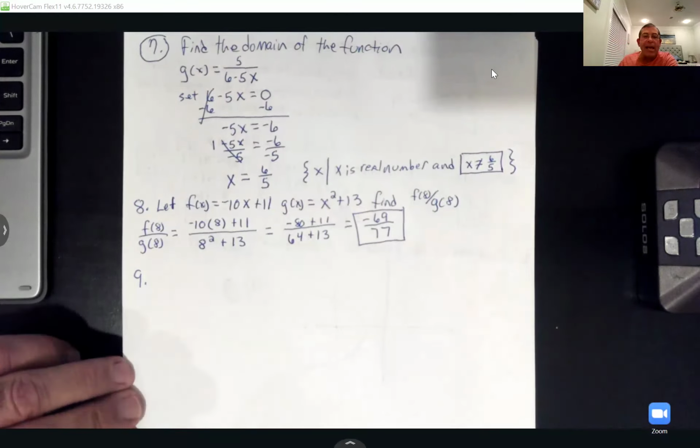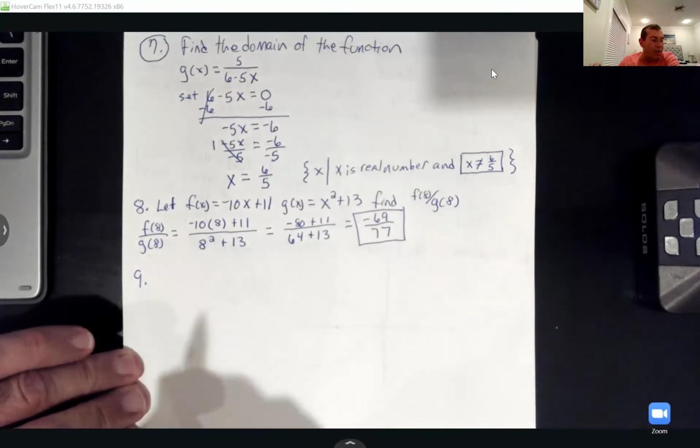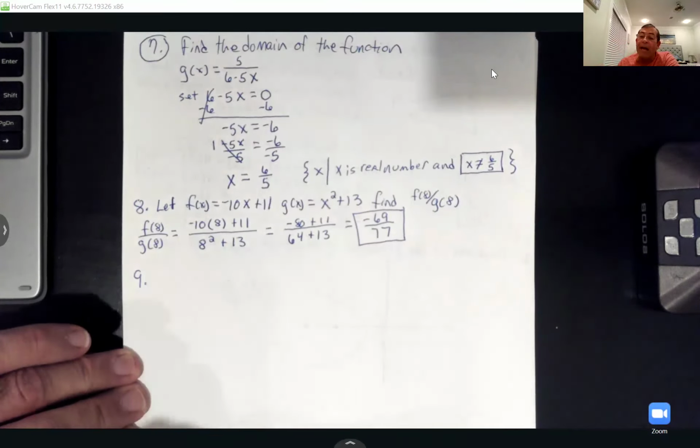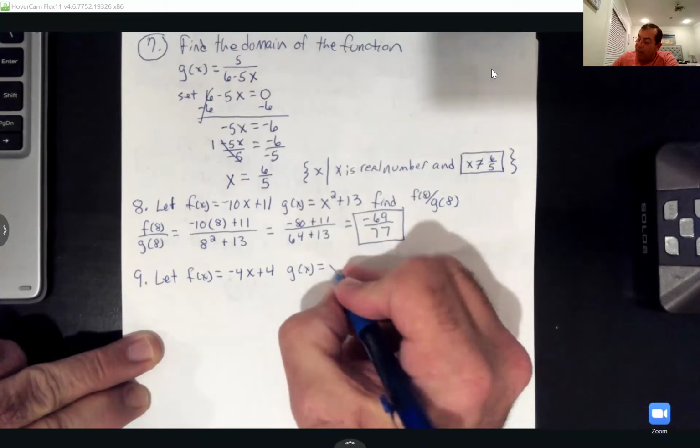All right, number 9 is another one where we're going to find a difference this time. So they want me to let f of x equal negative 4x plus 4, and g of x equal x squared minus 2.